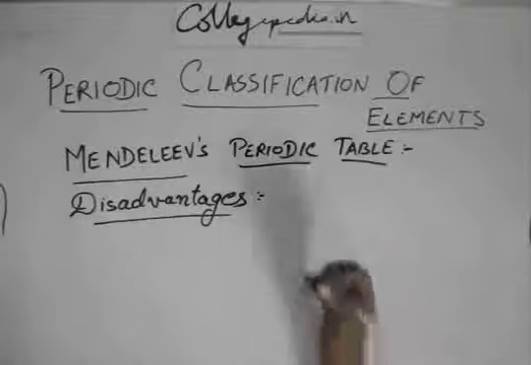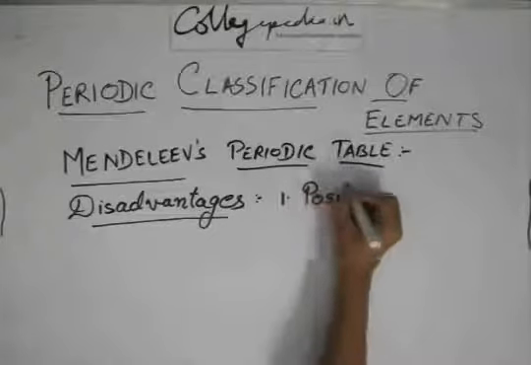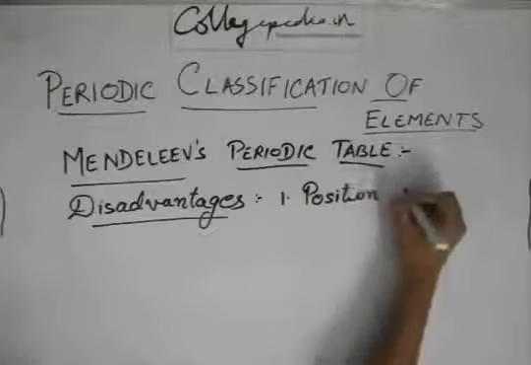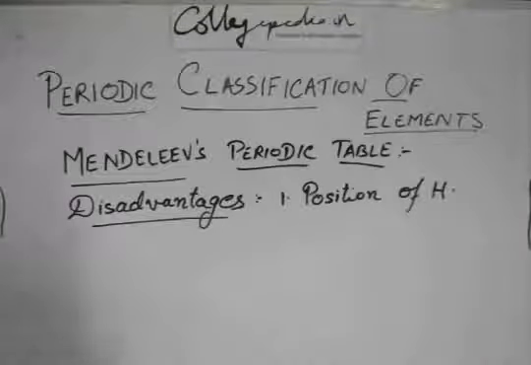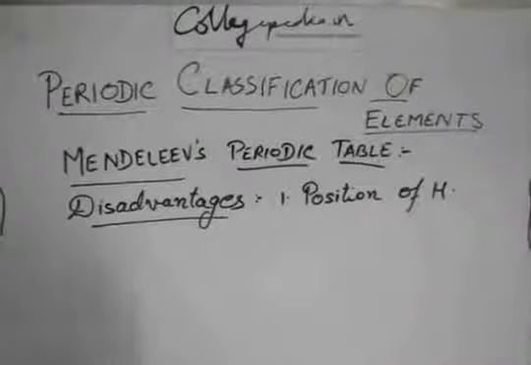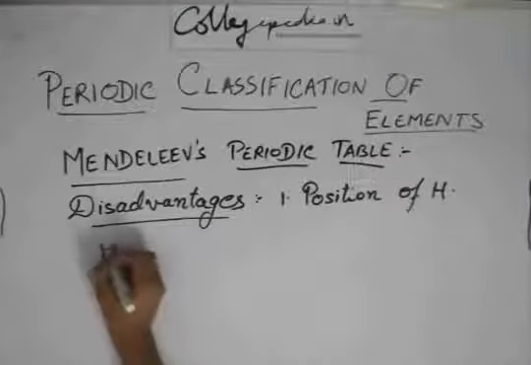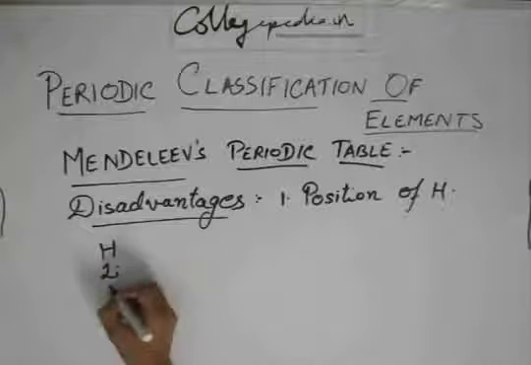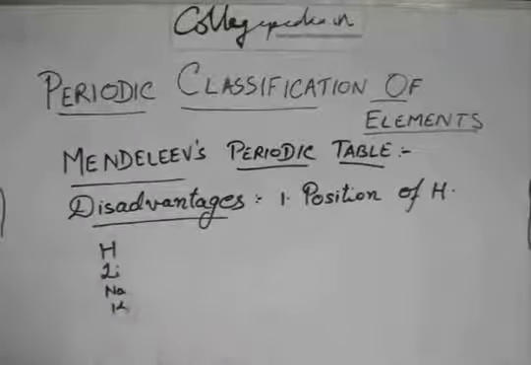Now, the first disadvantage was the position of hydrogen. As we have seen, hydrogen was clubbed with the alkali metals: hydrogen, lithium, sodium, potassium, and it's perfectly okay.